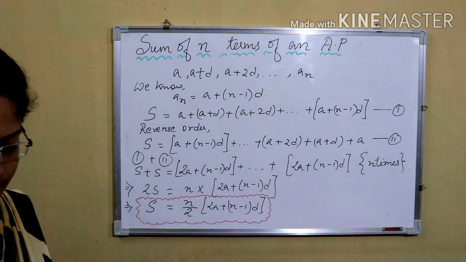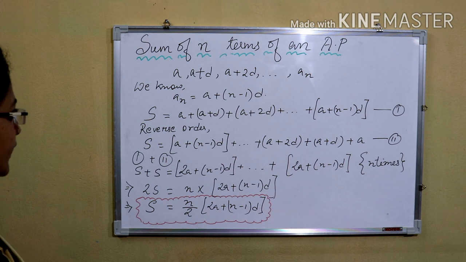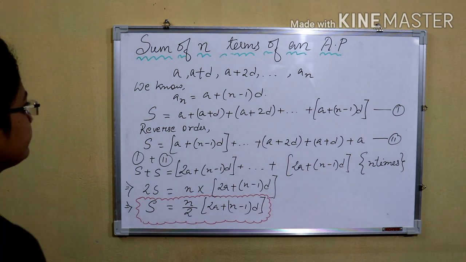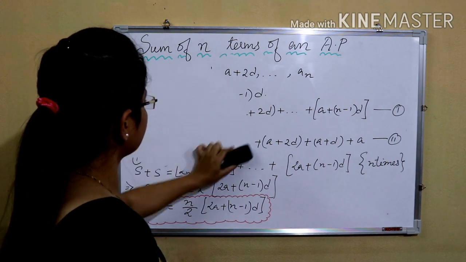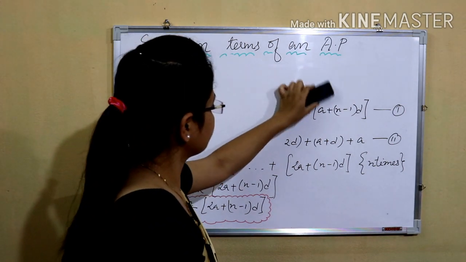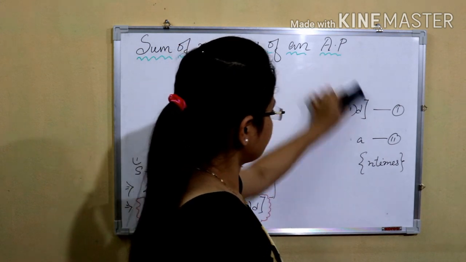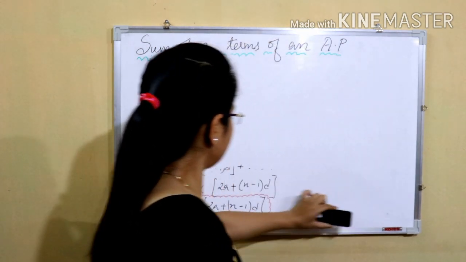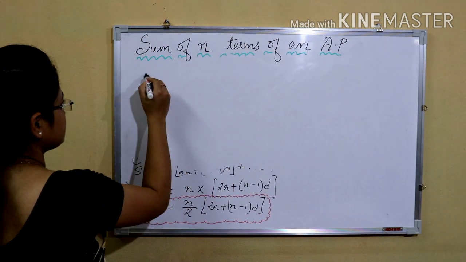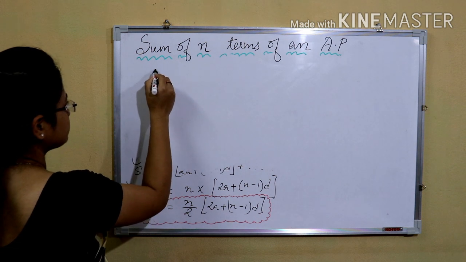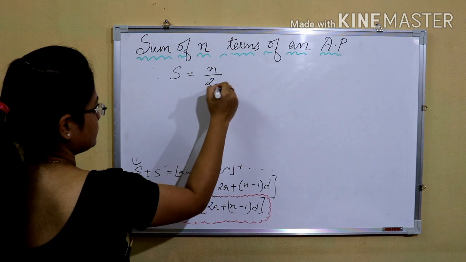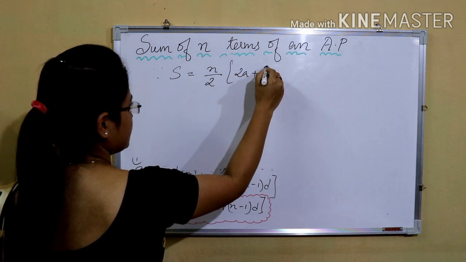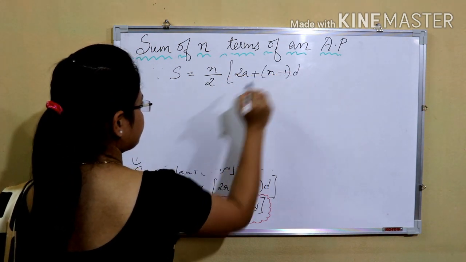It can be derived in one more way. S is equal to, we got, n by 2, 2a plus n minus 1 d.